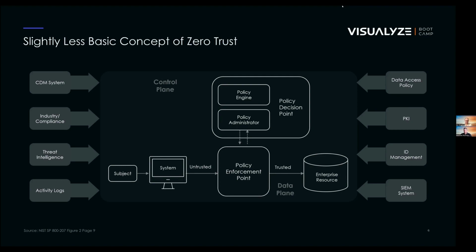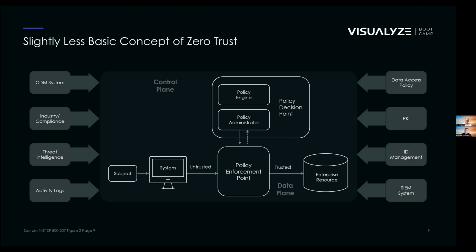Well, it goes back to what Ian and I were just speaking to around the policy decision point. You have to have that policy engine that's going to set the parameters of what you're going to allow. You have to have that policy enforcement point. And then within that, obviously, you're going to have all the subsystems that are connecting in with the SIEM and the data policy and everything else.